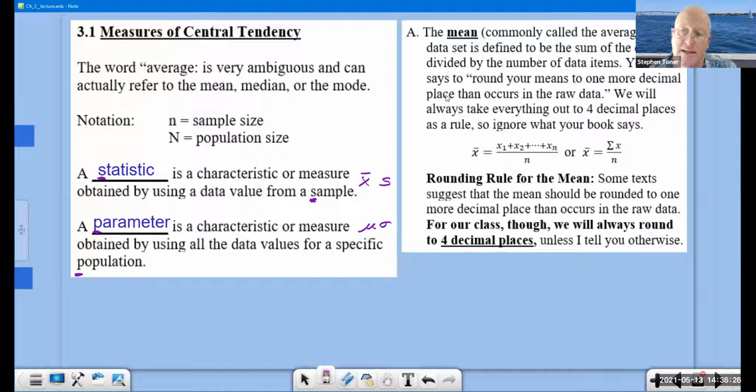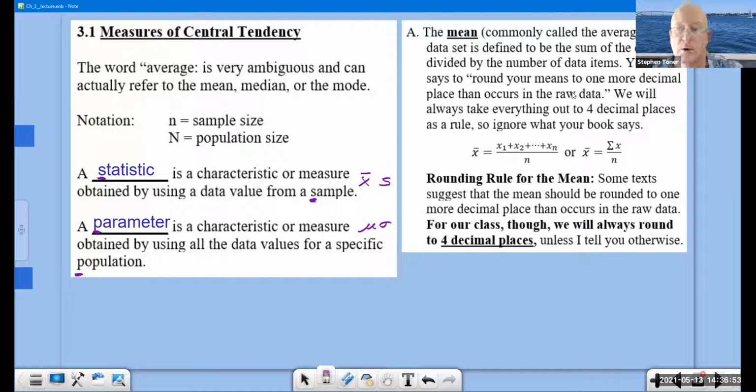The text that I recently used says to round your mean to one more decimal place than occurs in the raw data. In other words, if you're dealing with whole numbers such as 5, 6, 7, you find the mean and round it to the nearest tenth, going out to one decimal place.